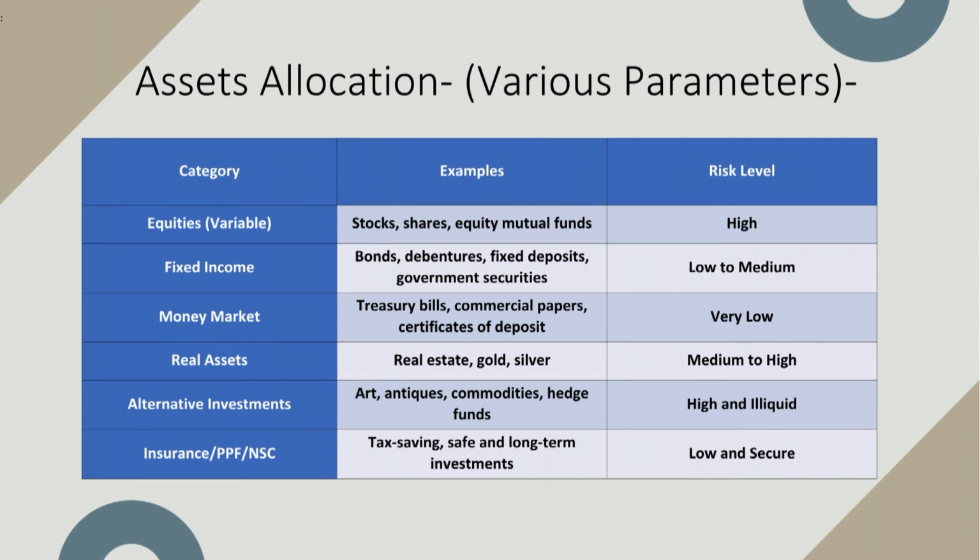They don't want to take risk. They invest in PPF, NSC, insurance for the purpose of tax saving or maybe safe return on their investment. The asset allocation basically has three major practices.